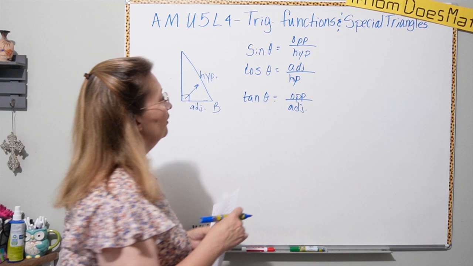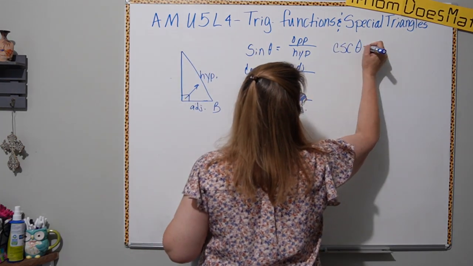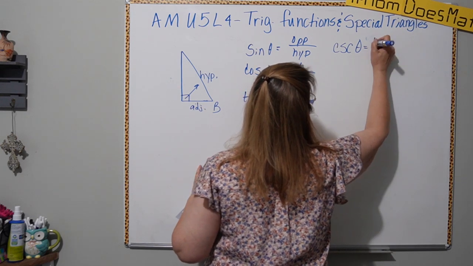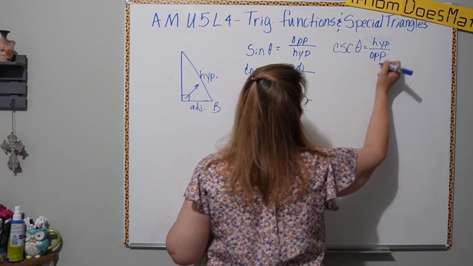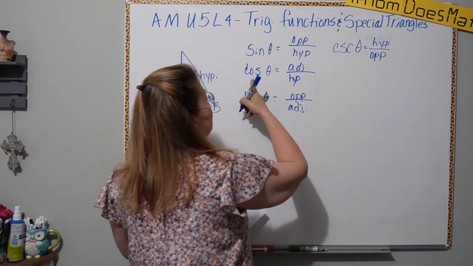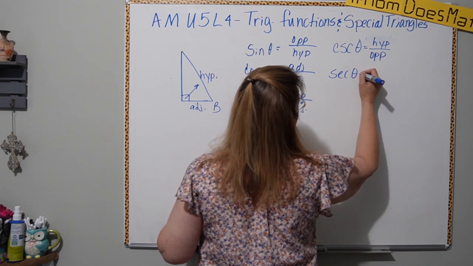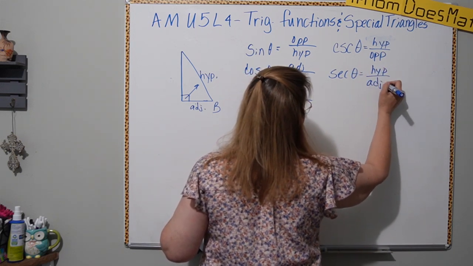The reciprocal of sine is your cosecant function. So that is equal to your hypotenuse over the opposite side. And then the reciprocal of cosine is the secant function, and that is hypotenuse over adjacent.